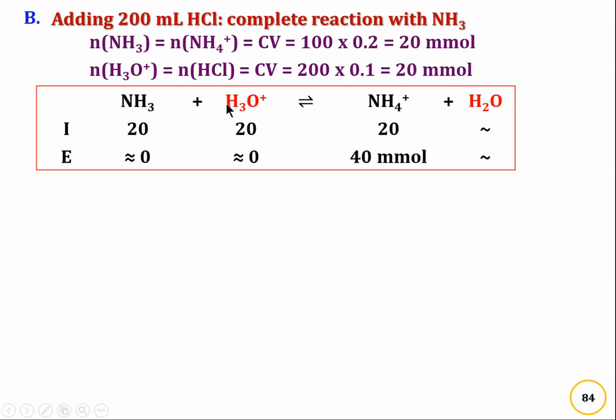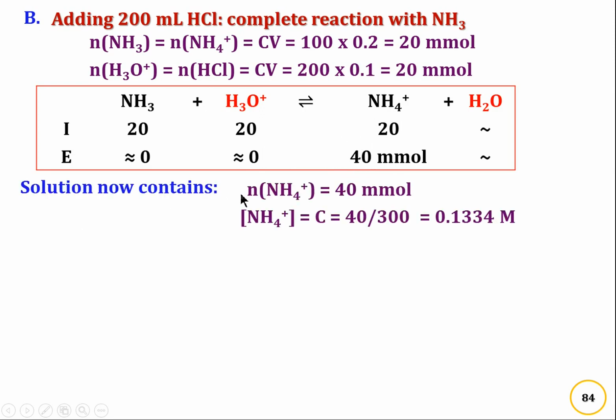We write the table of conversion. So initially we have 20, 20, and 20 NH4 plus. In this case, we don't have limiting or excess. So NH3 will react completely with H3O plus to form 20 millimole of NH4 plus, and the initial 20 millimole present. So we have 40. So in the final solution now, we have NH4 plus where the number of moles equals 40 millimole.